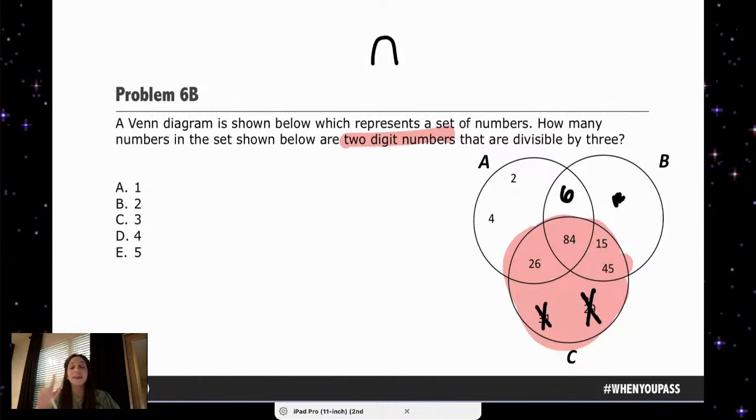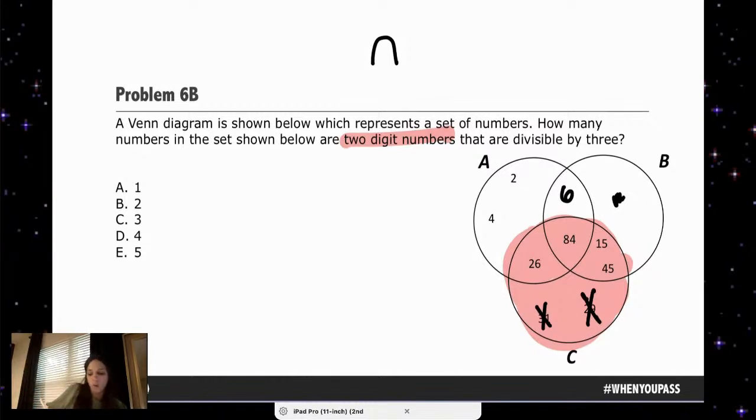Here's a little trick, because I use this little trick to this day. If you add up the digits of the number, so 26, what if I didn't know if it was divisible by 3 or not? 2 plus 6 is 8. Is 8 divisible by 3? No. So 26 is not divisible by 3.